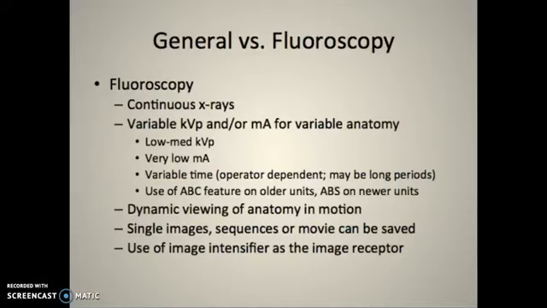So if the radiologist has a lead foot, the time is going to be high, or if the doctor is really good and really fast, the time is going to be very short. The idea is to view the anatomy in motion. We can take images and save them. We can take a series of images, really rapid fire, or we can video it and make it into a movie through Cine or put it on a disc.